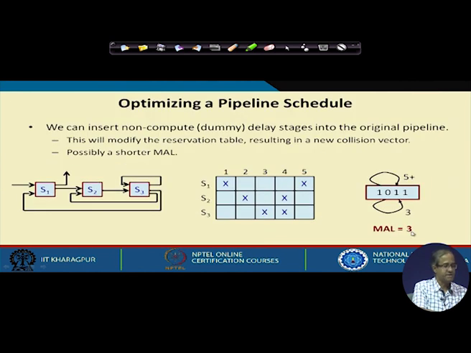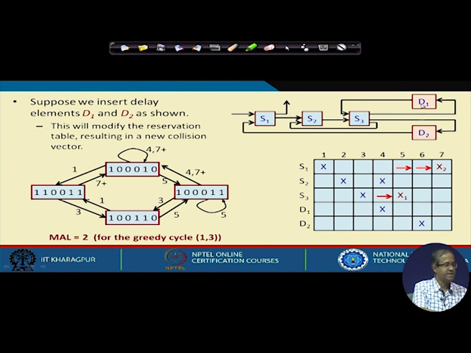Earlier it was 3, now by inserting the delays we have achieved an average of 2. So, by inserting this kind of dummy delay stages, the performance of a nonlinear pipeline can be improved. This is something you have to keep in mind.